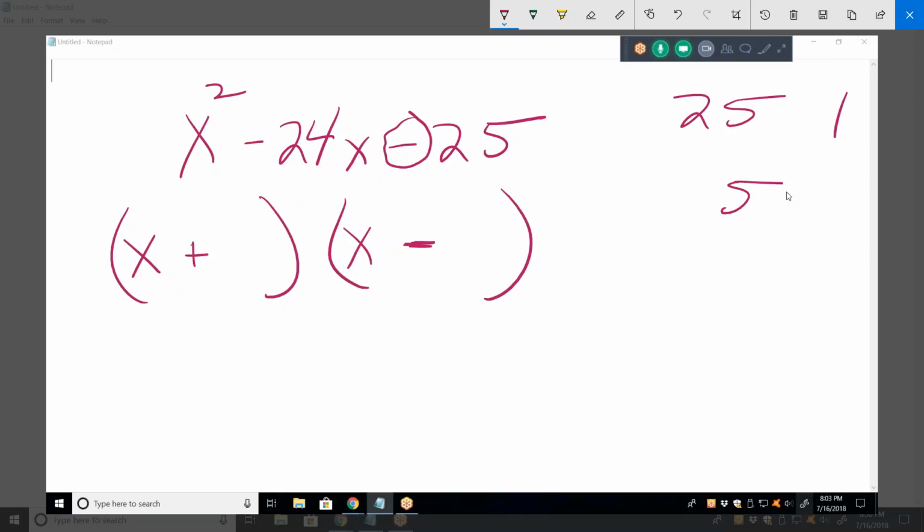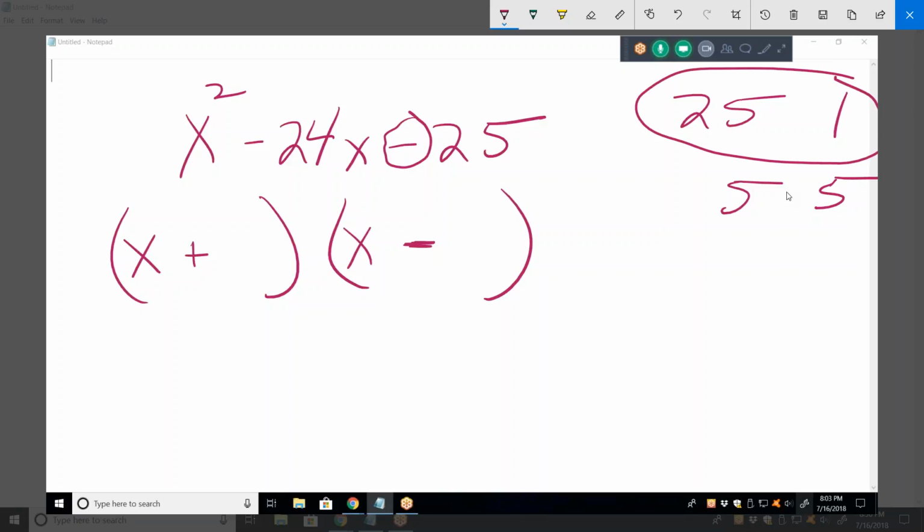Okay. Anything else? No, that's it. So which set of factors subtract to the number 24? Okay, there's our set of factors.